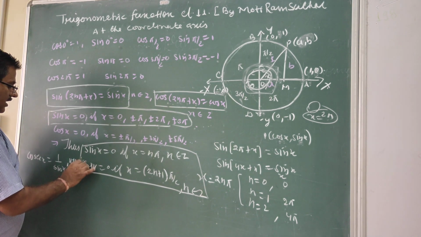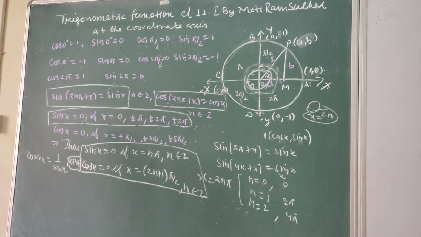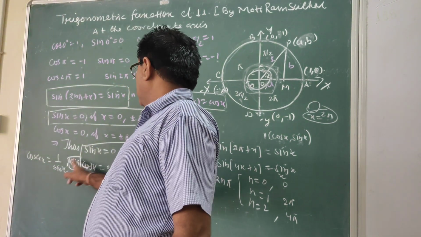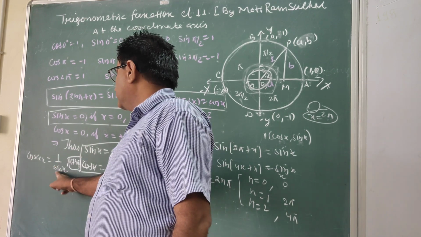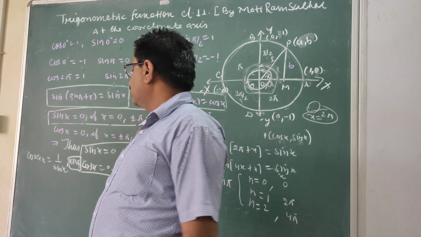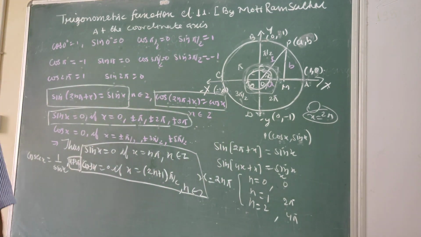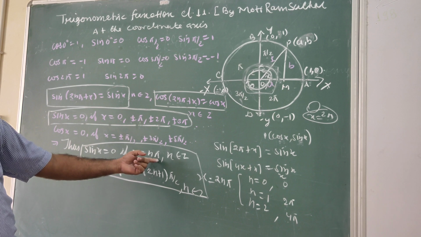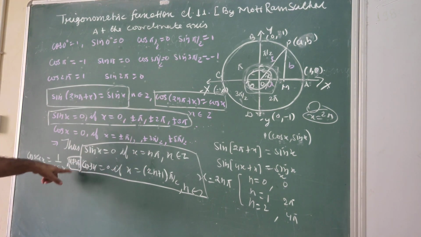We are saying here x should not equal n pi. Why? Because when x equals n pi, the value of sin will be 0, so 1 upon 0 is not defined. So to find the value of cosec x, sin x should not be 0. Now at what angle is sin x 0? At this angle, x equals n pi, sin x equals 0. So x is not equal to that.